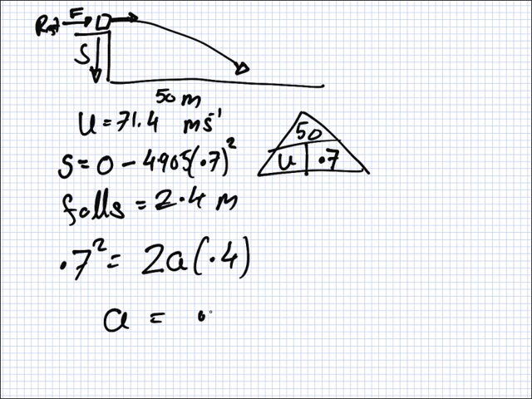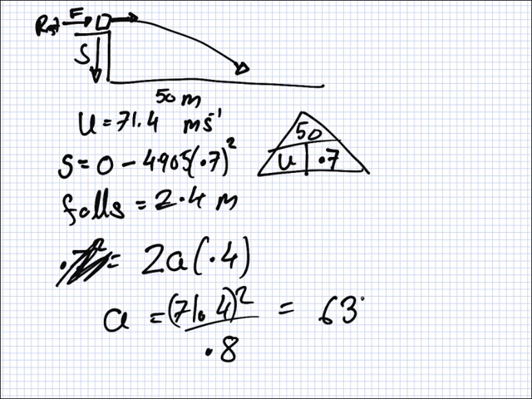The v is 71.4. So the a is 71.4 squared over 0.8, which is 637.